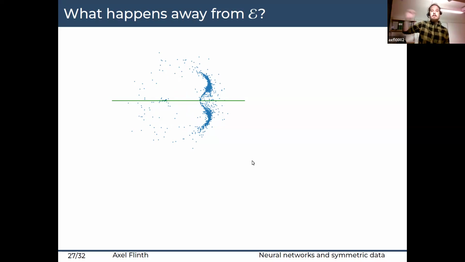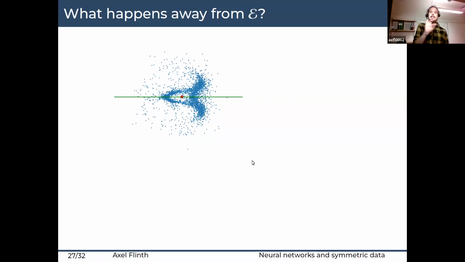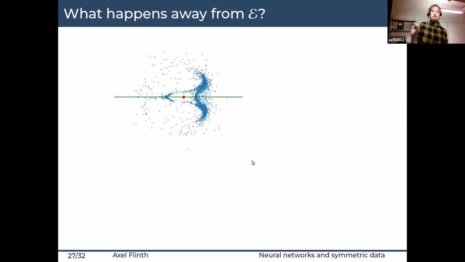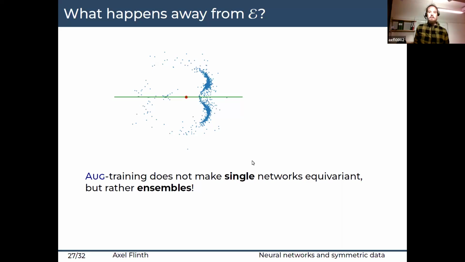And this in particular means that if we look at the mean of all these weights, it will always stay on the green line. So in mean, my models will become equivariant. And this is really something interesting.